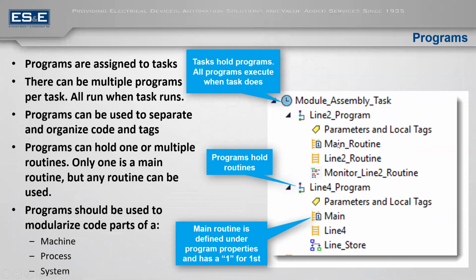Inside that main, you are required to have a jump to subroutine, and that is where you will tell it the order in which you want the code to execute. But for the very first one, the program must know it will always run a routine, and it has to be declared, and it's declared at that program level, up here in the properties of the controller or the program.